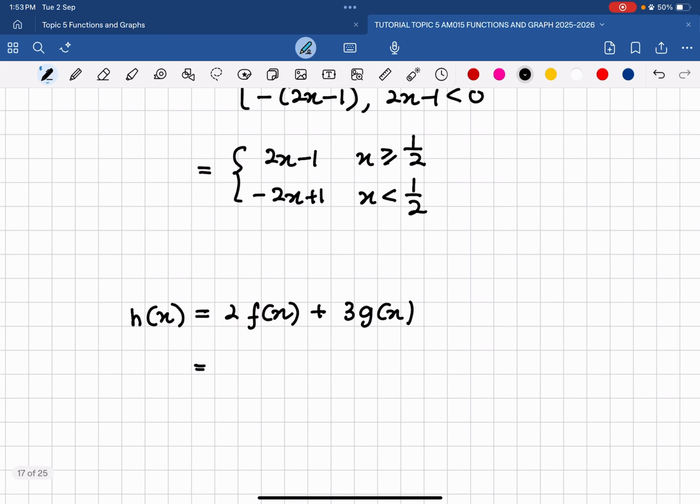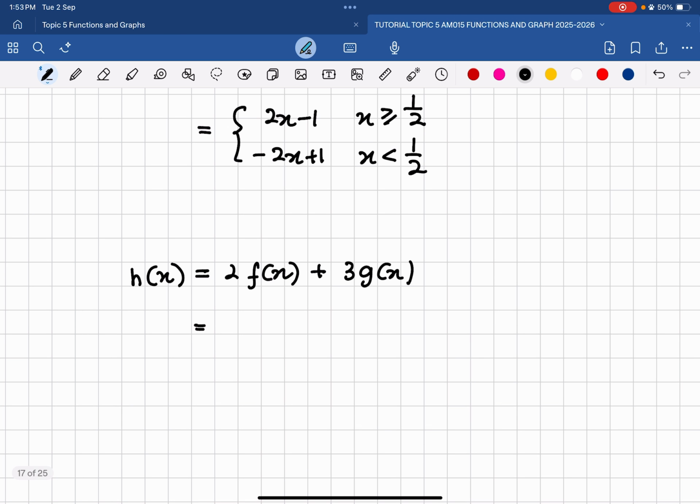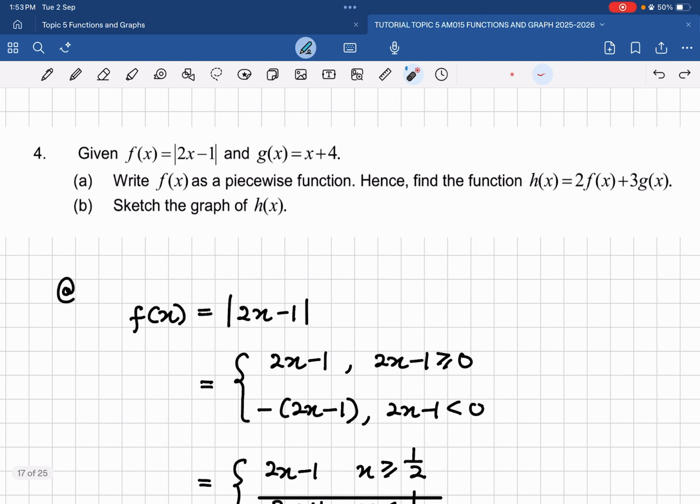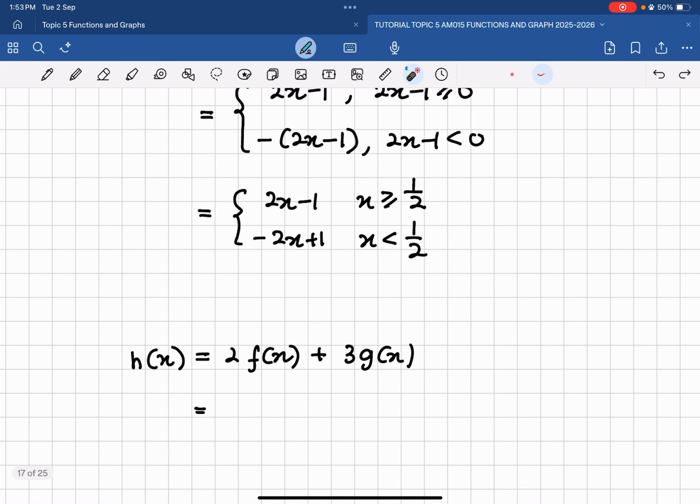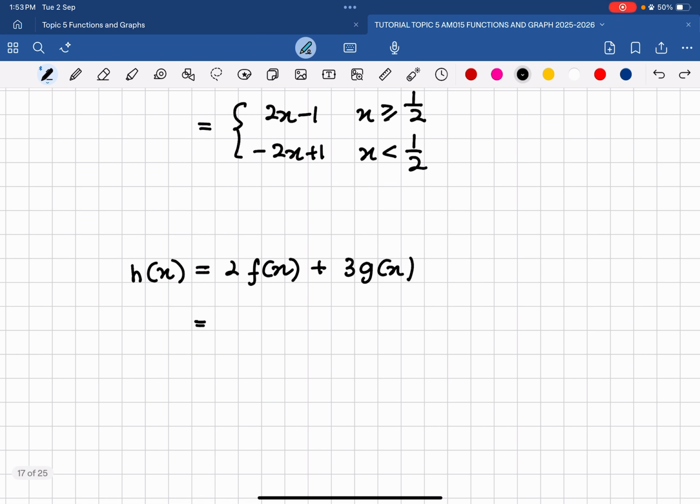So we multiply each piece of the function by 2, and add 3g(x). This g, you're going to multiply by 3. Then let us write it down as a piecewise function.